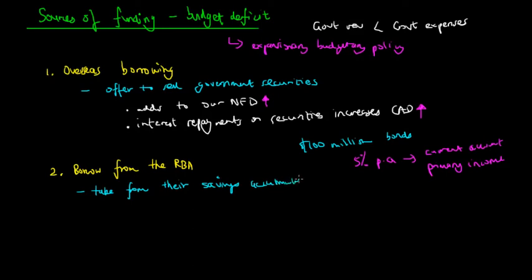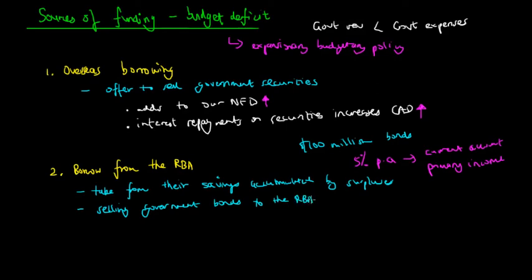That could be one option, or they could take another option of, again, selling government bonds to the RBA.